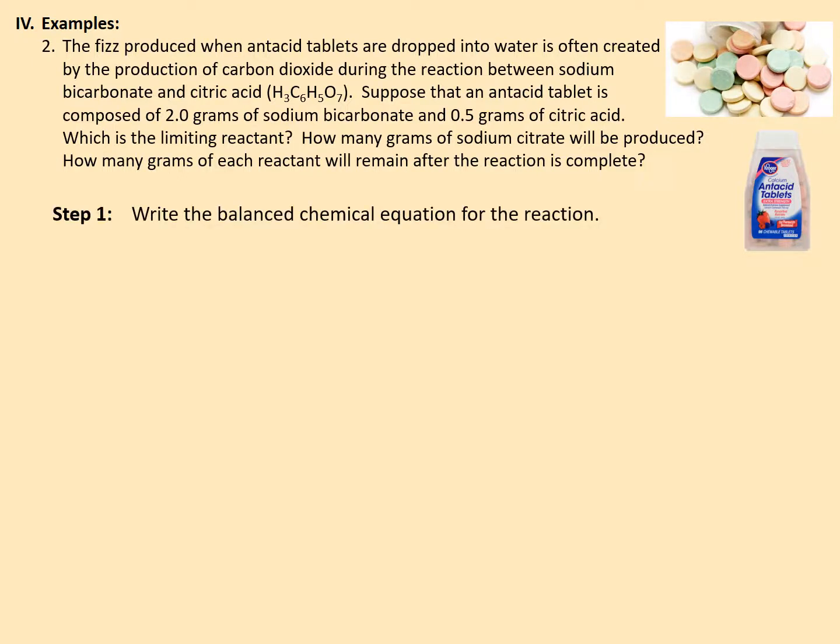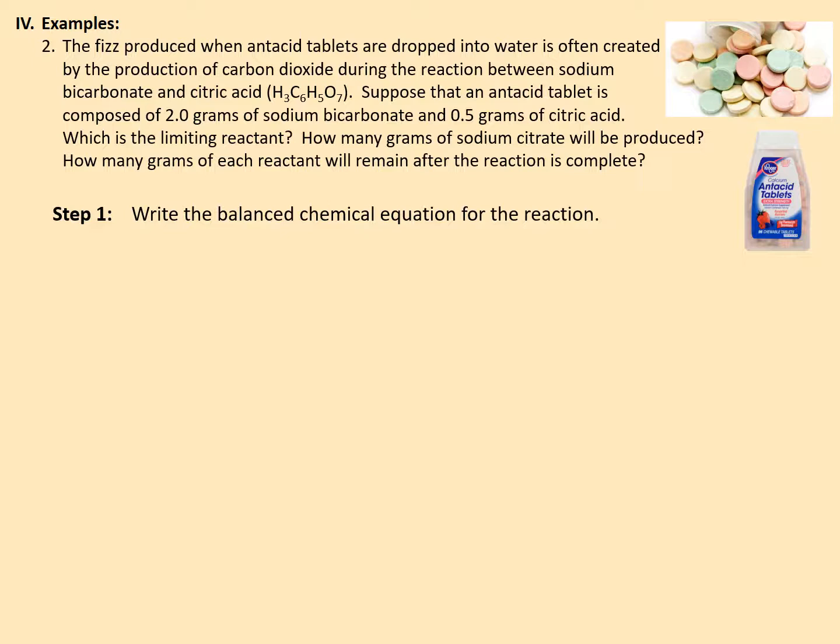So as always, the first step is to write a balanced chemical equation for the reaction. Now, admittedly, this reaction here is what we would consider to be an acid-base reaction involving carbonates. When we get to our unit involving acids and bases, we'll talk about this type of reaction. But for now, you're just going to have to take my word for it to predict some of the products.